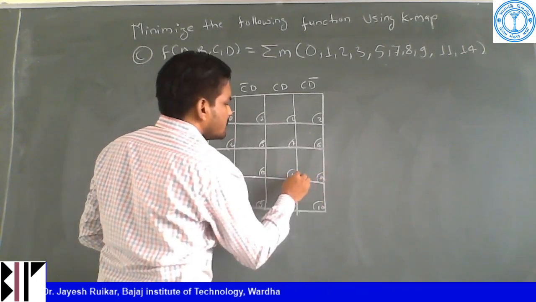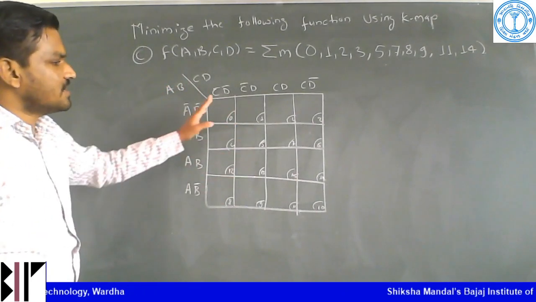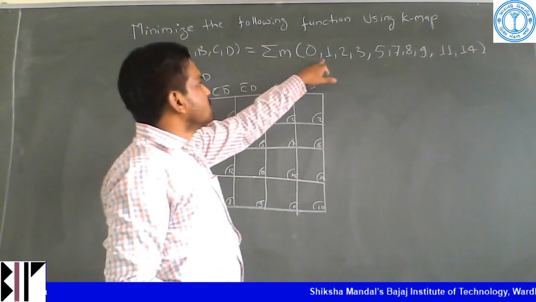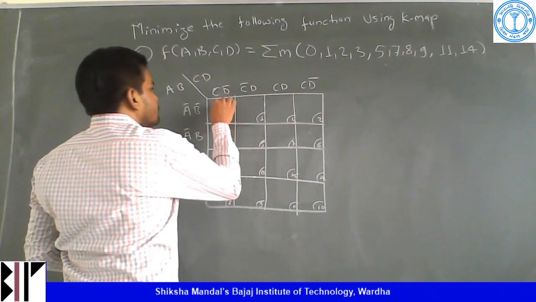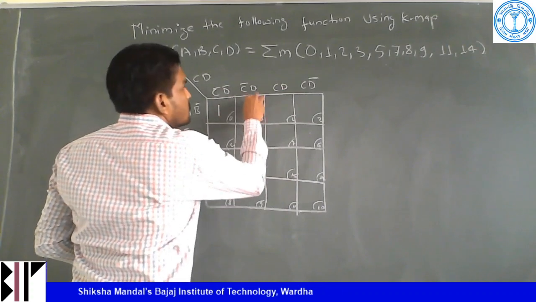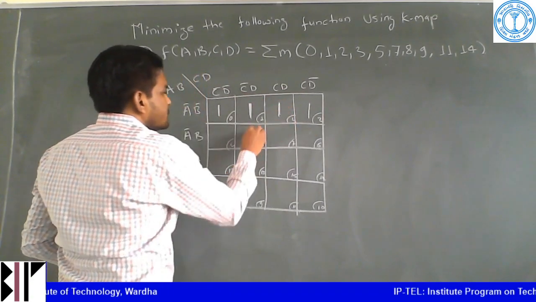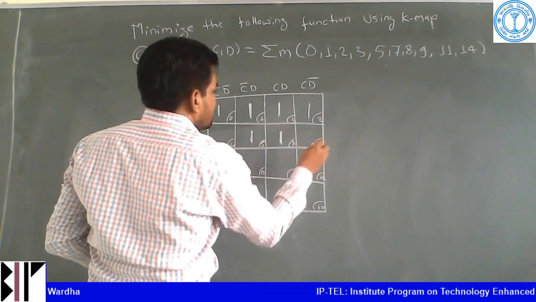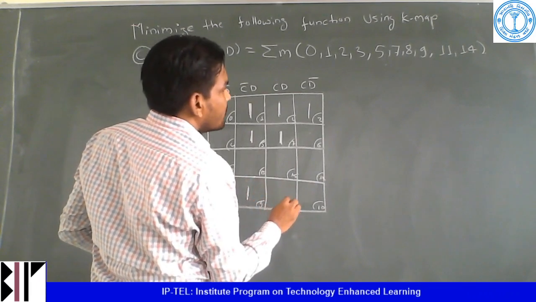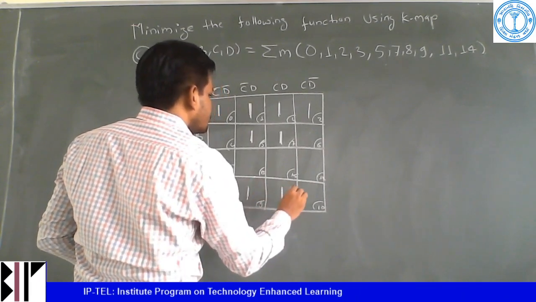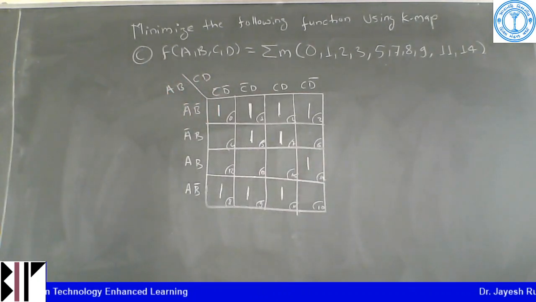So I have written the cell numbers in short. Now I have to place 1 on the appropriate cell for each min term: 0, 1, 2, 3, 5, 7, 8, 9, then 11 and 14. Okay, now I have placed the ones.